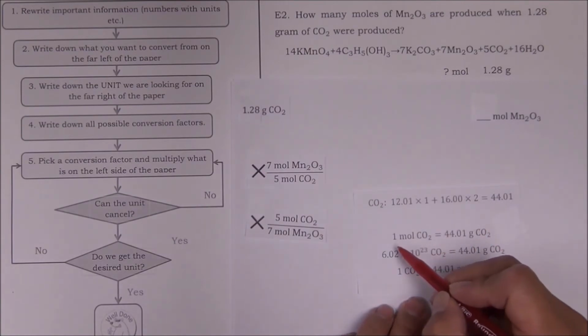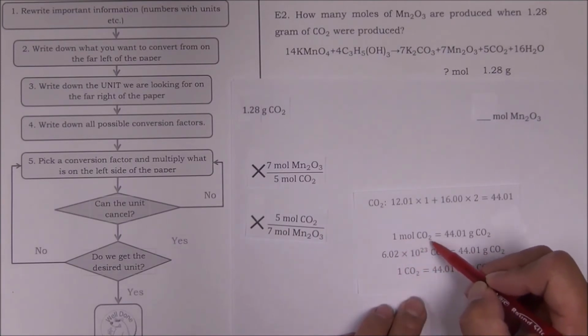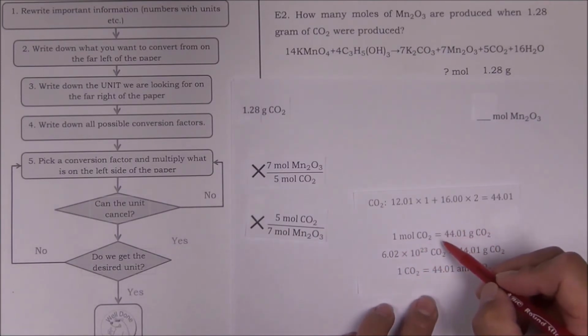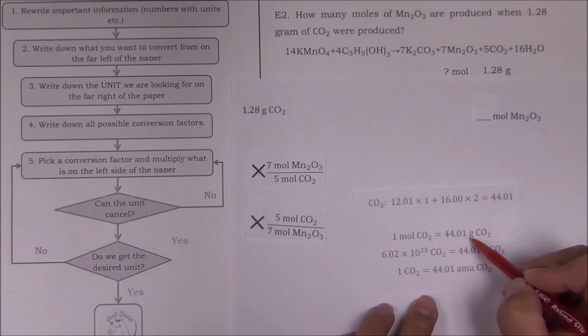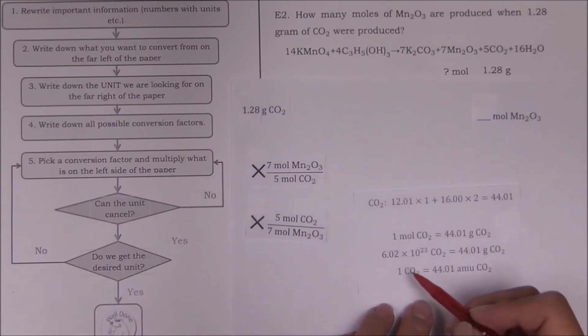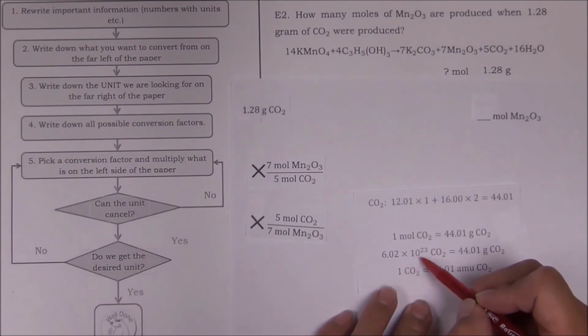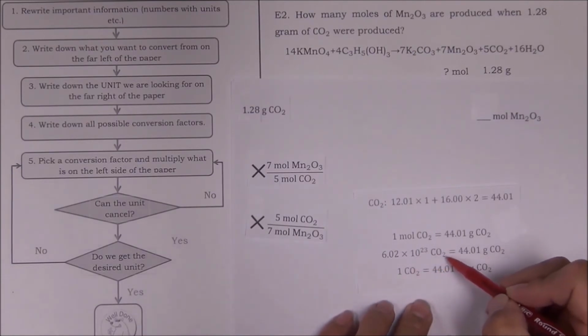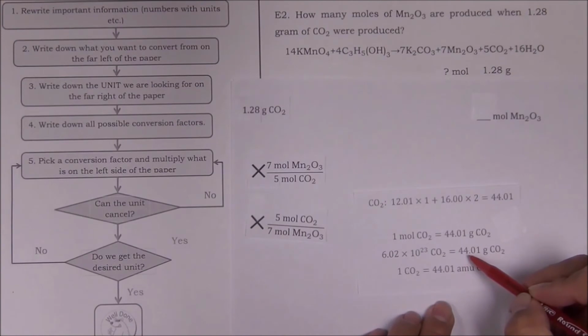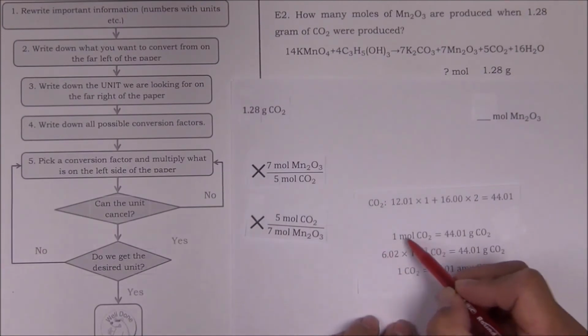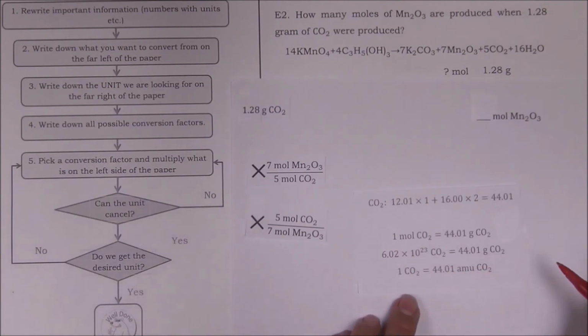First, it tells us for every 1 mole carbon dioxide molecules, the mass is 44.01 grams. It also means if you have 6.02 times 10 to the 23rd carbon dioxide molecules, the mass is 44.01 gram. This number is Avogadro's number.